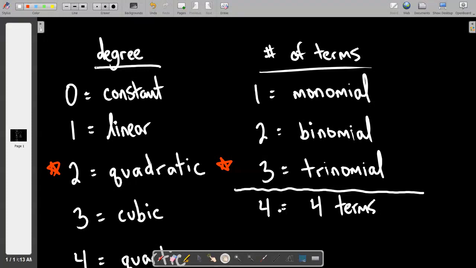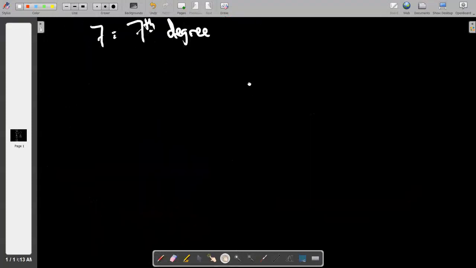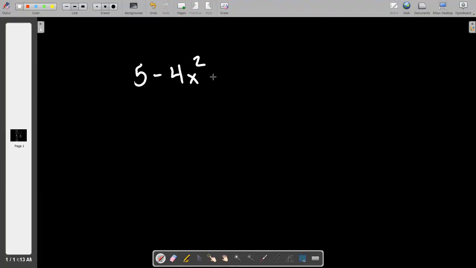So I'm going to put a polynomial up here on the board, and you're going to help me classify it. So we're going to go with 5 minus 4x squared plus 2x minus x to the 4th. I see a lot of you writing this down. I appreciate you for that.